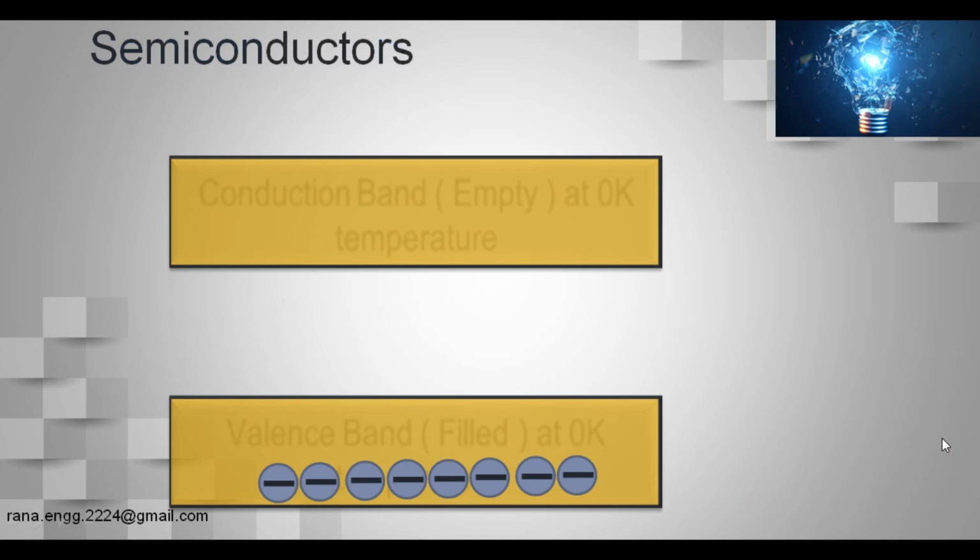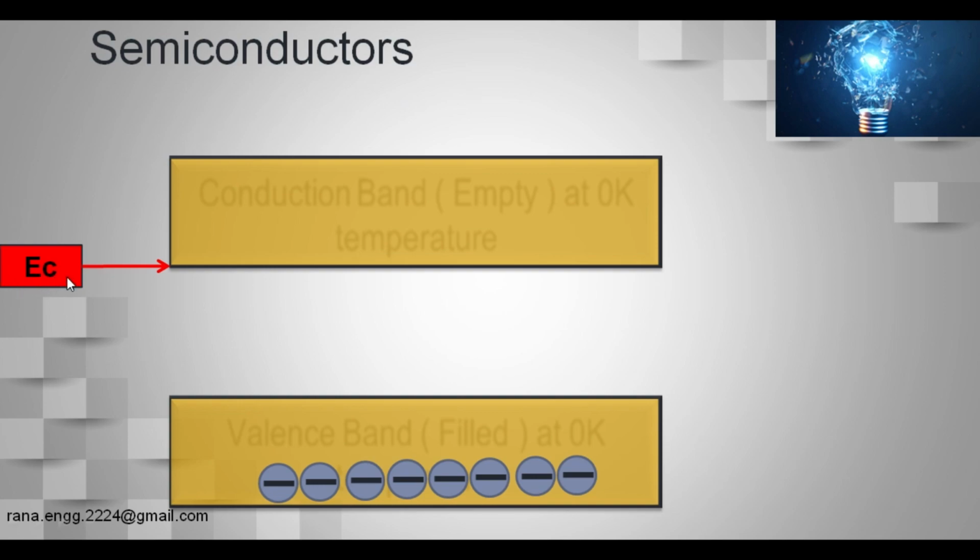Then, if we talk about semiconductors, what makes semiconductors smart is their ability to work as conductor and insulator as per our requirement. So, I have two bands, one is the valence band and another one is the conduction band. At normal temperature, we have electrons in the valence band. If I want to make them conduct, I have to send these electrons to the conduction band.